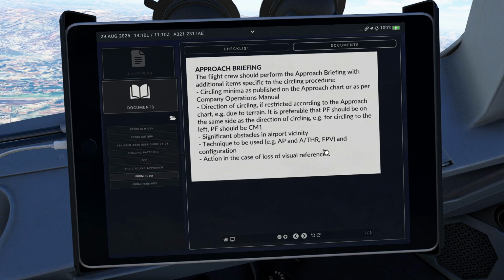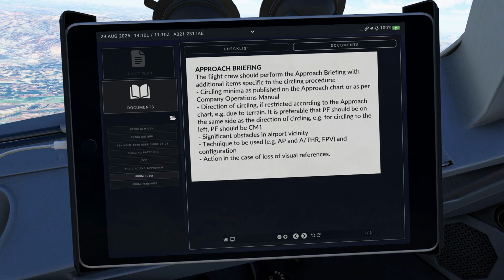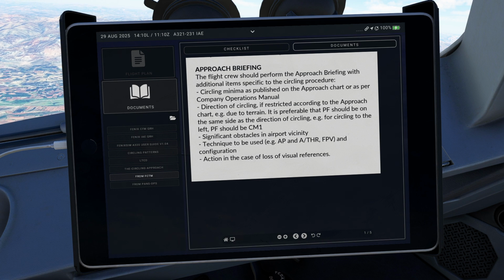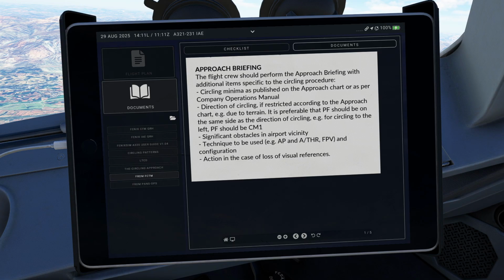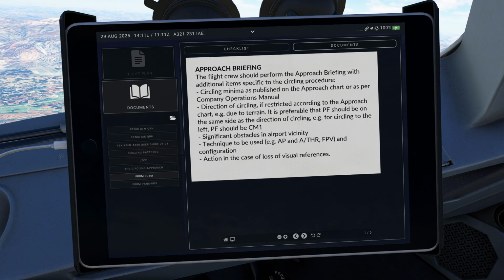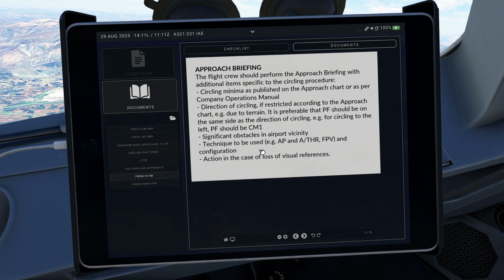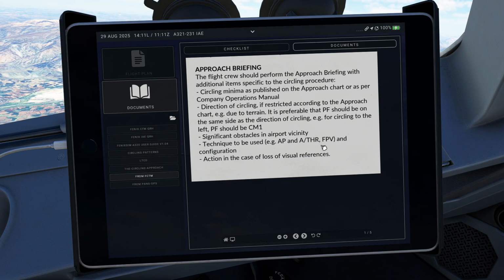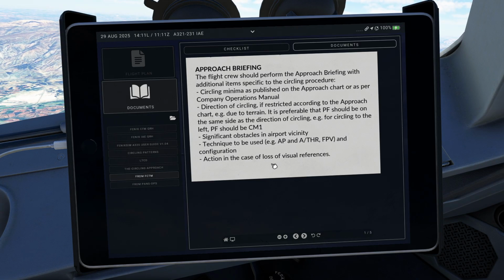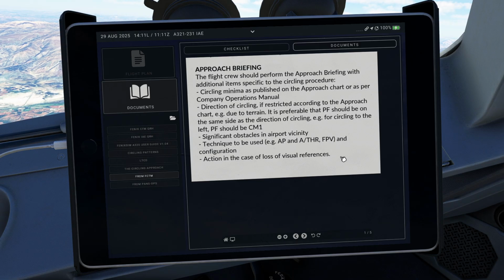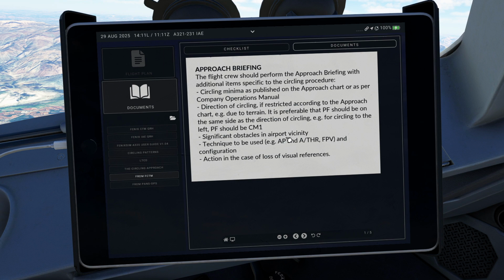Today the CM2 is flying and we are all the way going through the right hand downwind, that the right hand seat pilot should be aware, and also the landing runway, terrain, aerodrome area, and also the landing runway threshold all the way inside. Technique to be used, for example, autopilot and auto thrust, glide path vector, and configuration. Action in case of loss of visual references. We will talk about these items and also the direction of circling later.